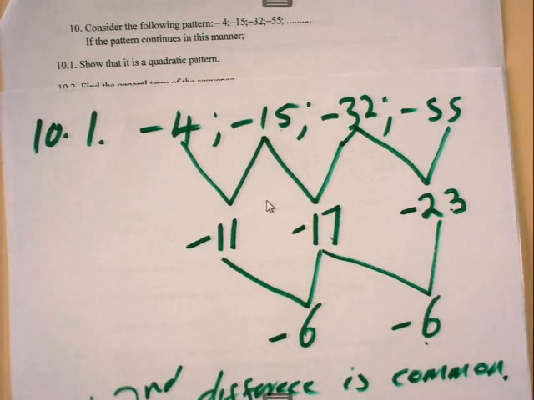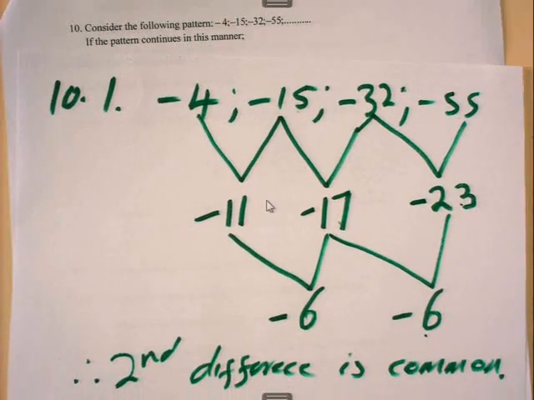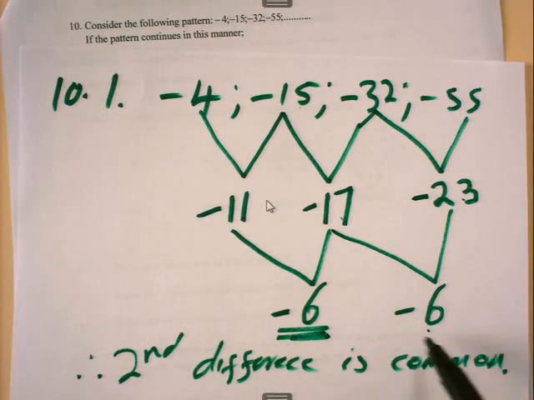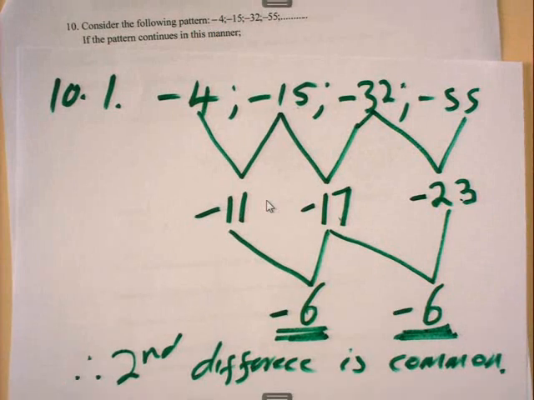This is the second difference, it's -6. So the second difference is constant. Therefore, this becomes a quadratic number pattern.